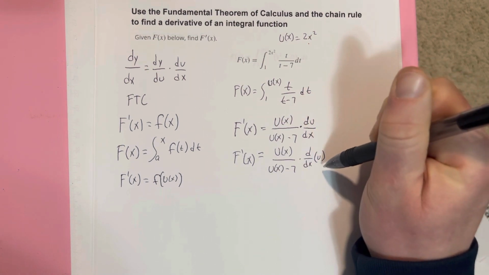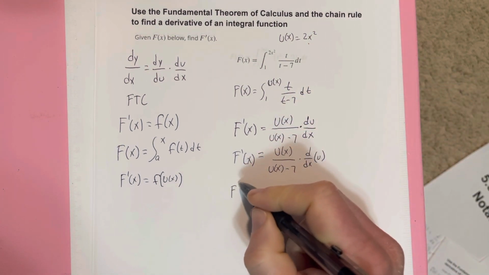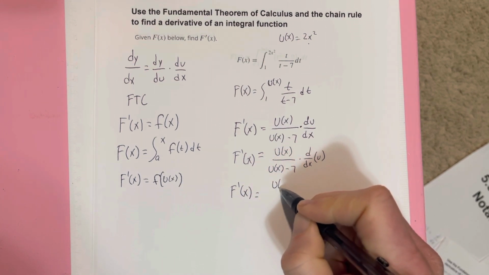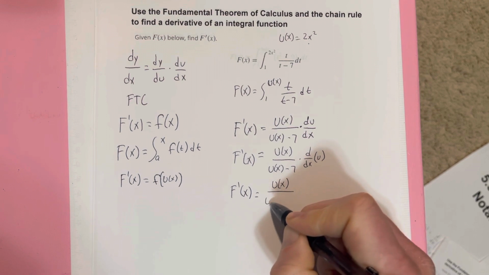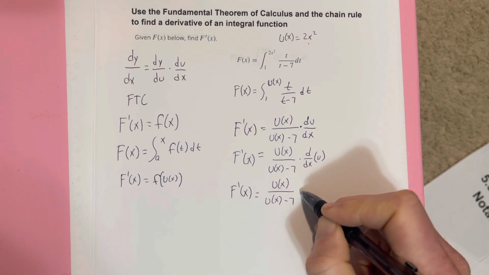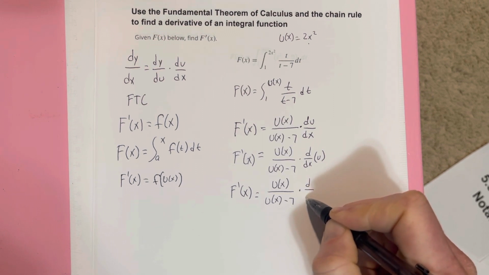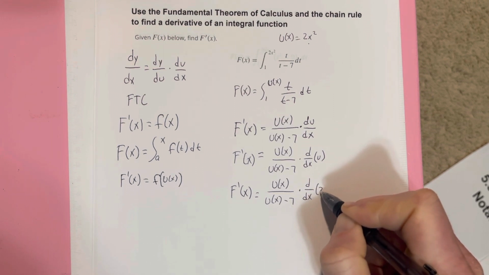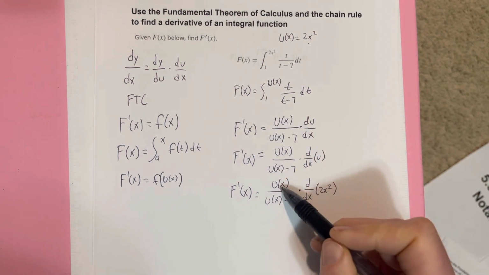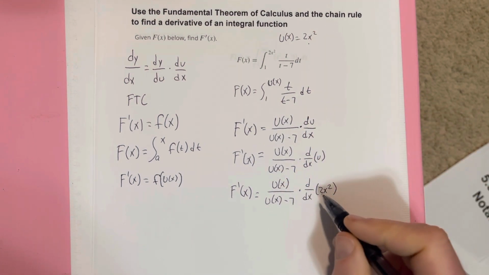So I can go ahead and substitute that in there, and I say F prime of x is equal to u of x over u of x minus 7 times d over dx of 2x squared. And for that matter, I need to substitute 2x squared in for each piece here and take this derivative.